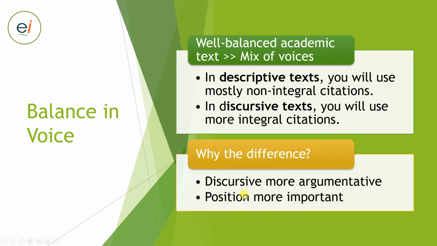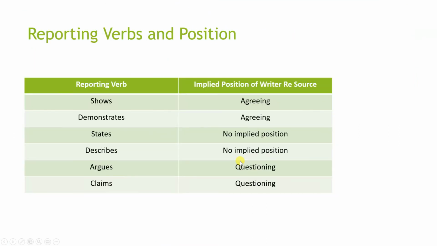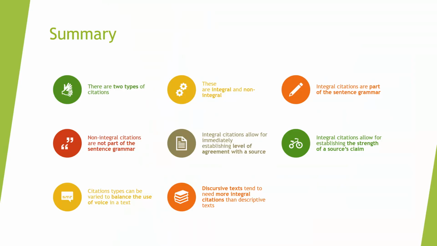So because position is more important in discursive texts, you will likely use more integral citations to take a position on what your source is claiming. You'll use more mixed voice, and you'll use these reporting verbs here to imply your position regarding the source. Okay, I hope that's reasonably clear.